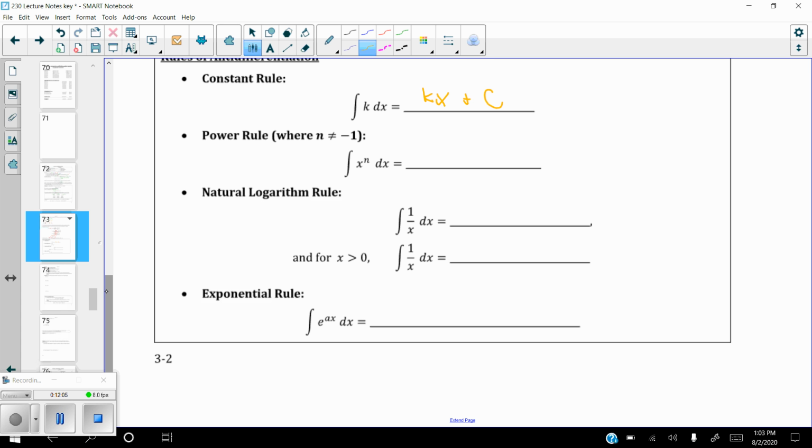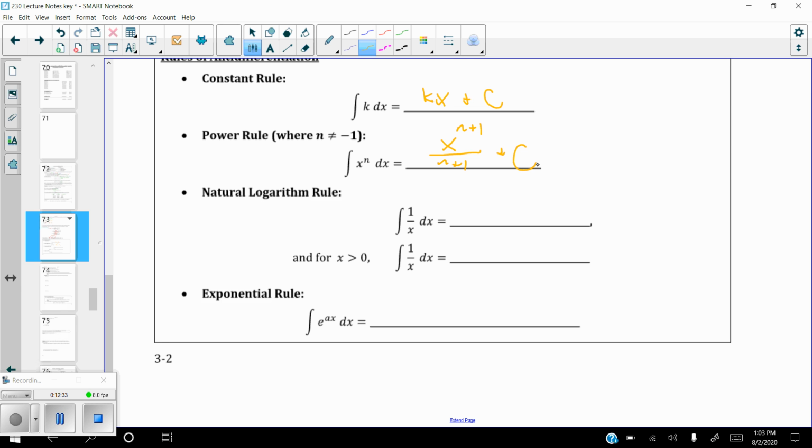The power rule says we raise the power by 1. So keep the base, raise the power by 1. So that's n plus 1. But then you divide by the new power. So you'll divide by n plus 1. It's always the new power, not the old one. And then don't forget plus c.